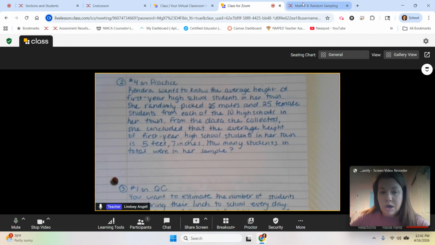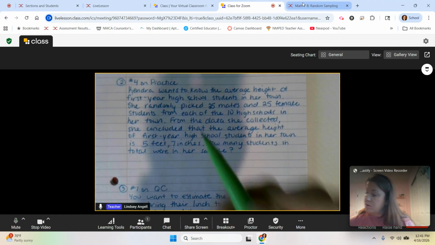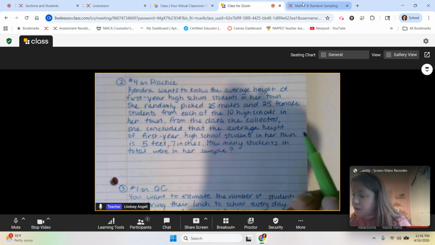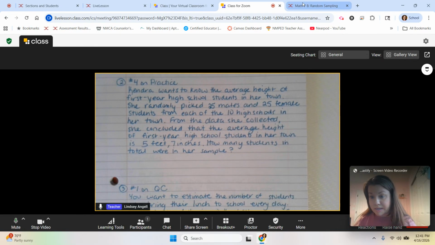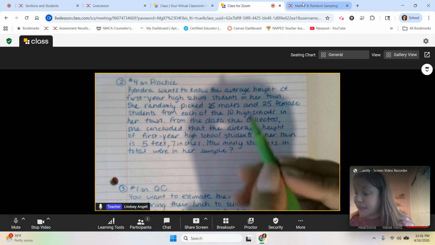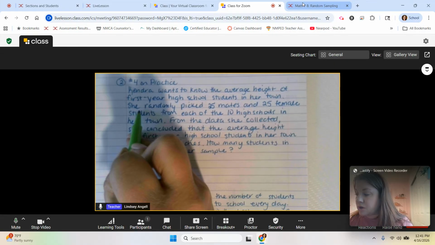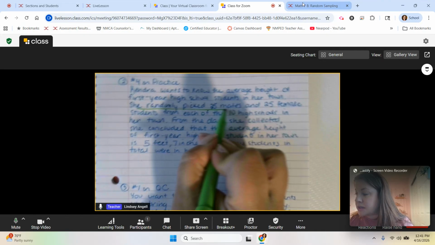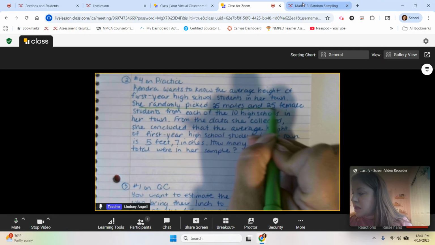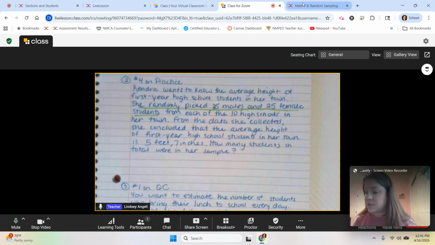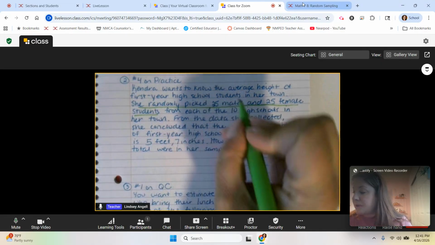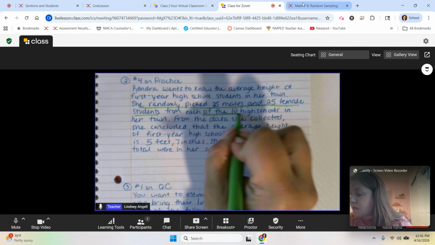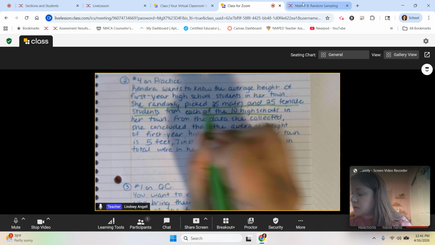Okay, so we know a couple things. One, we don't know how many first-year students are in all of the high schools, right? We don't know what the population is, but we do know what her sample was. It says she randomly picked 25 male and 25 female students from each of the 10 high schools, right?